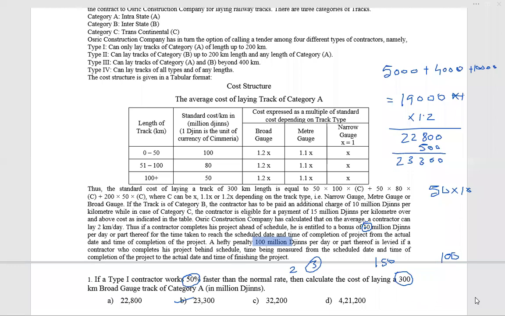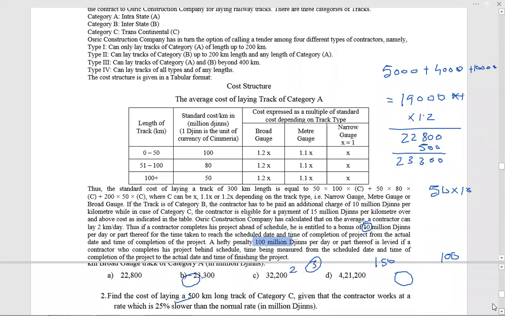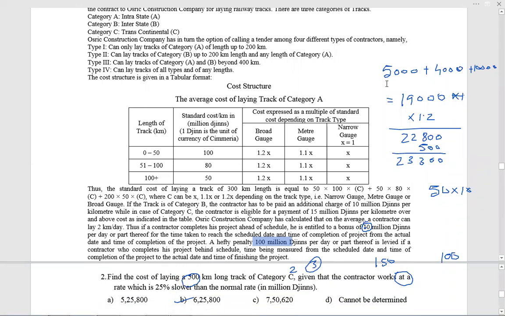Next problem. Find the cost of laying a 500 kilometer long track of category C, given that the contractor works at a rate 25% slower than the normal rate.